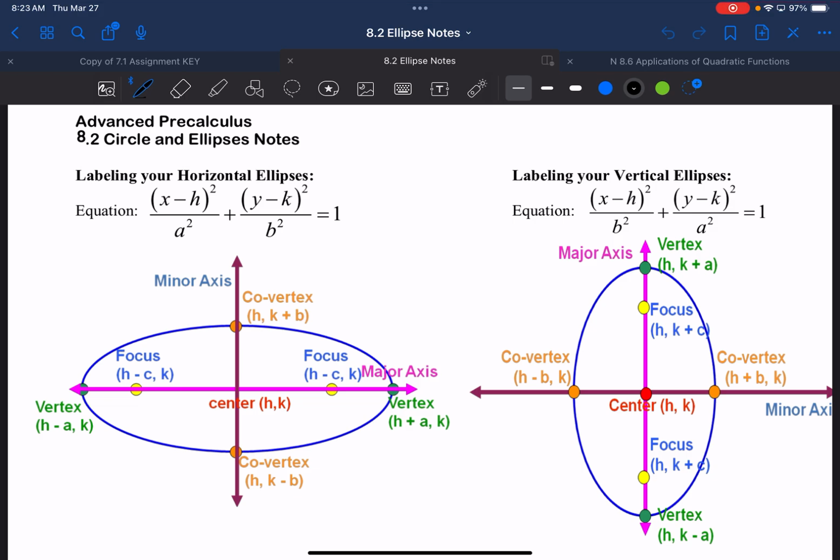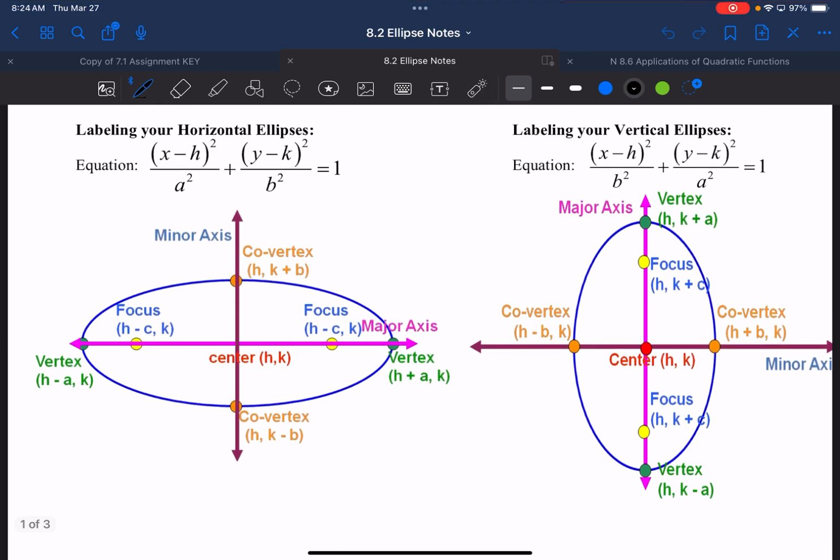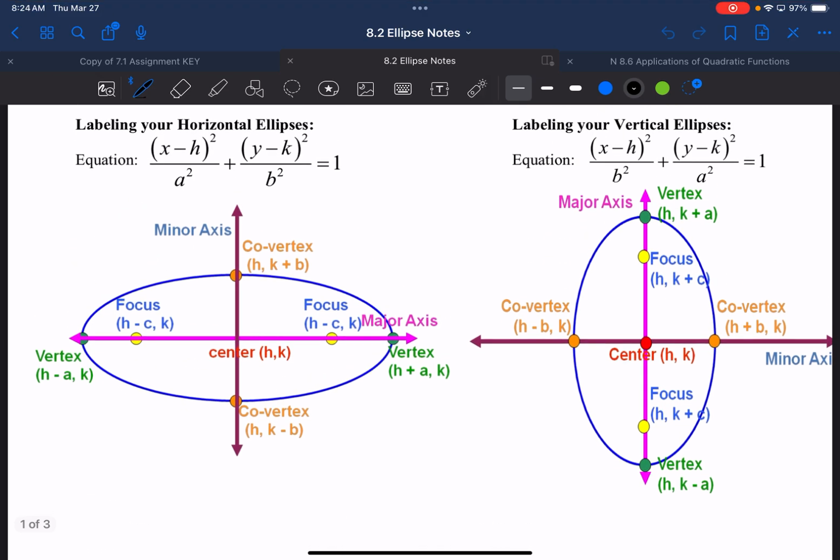So, keep in mind that no matter what, A is going to have to be the biggest. So if they give you an equation and you're trying to figure out which denominator is A and which one's B, A should be the bigger one, okay? That'll also help you determine which one it is, because if A is under Y, you know you have a vertical, but if A is under X, you know you've got horizontal, okay?